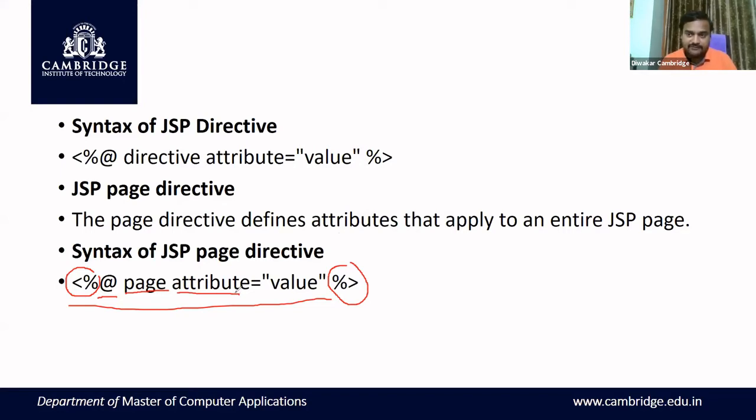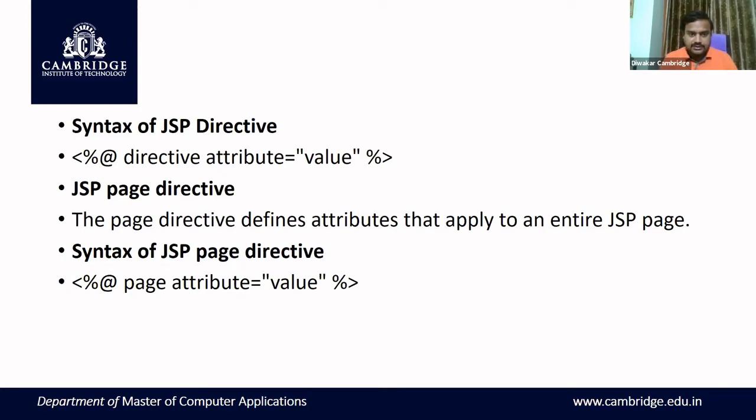For example, for an image tag, what are the properties of an image tag? Height and width. If you want to set the width of an image, you use width. If you want to set the height of the image, you use height. This is how you use the page attribute.